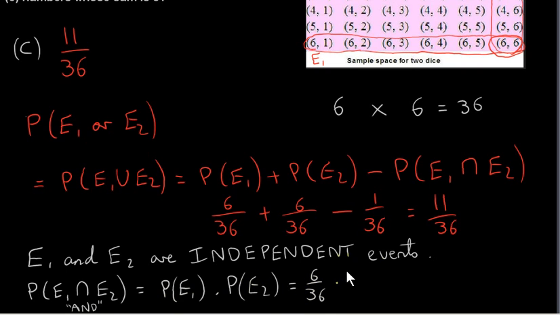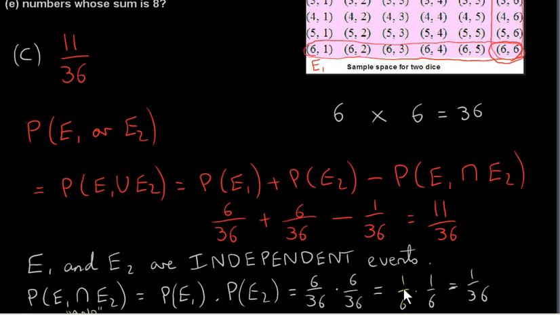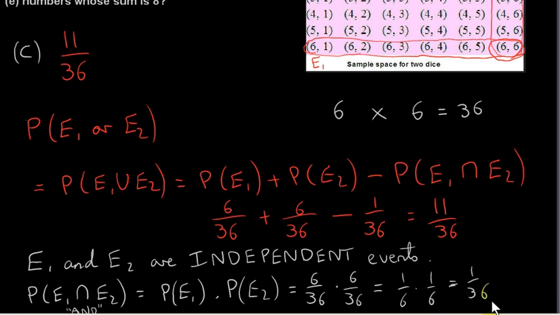The probability of E2 is also 6 over 36. There are 6 outcomes, 6 elements in the set E2, and if we multiply these together, this is just 1/6 times 1/6, which is 1 over 36. So it makes sense to multiply the probabilities to get a much smaller probability, 1 over 36.